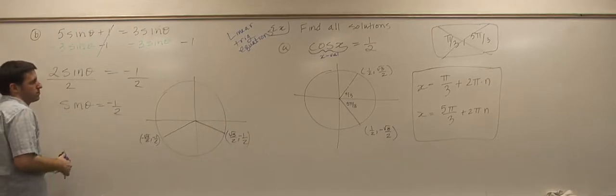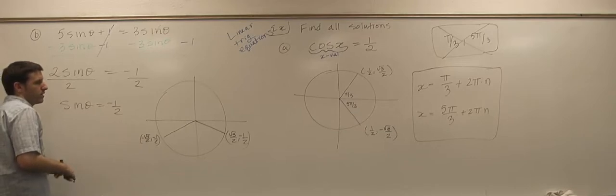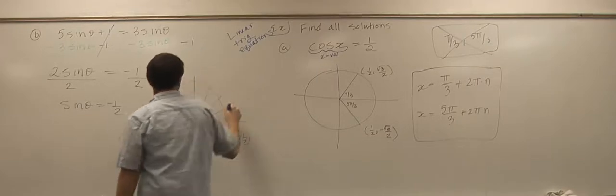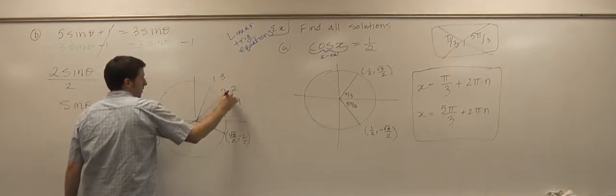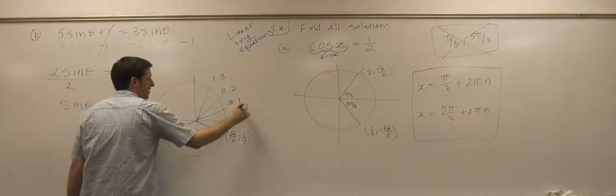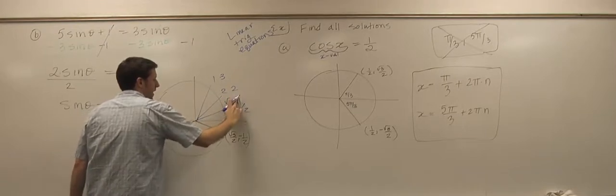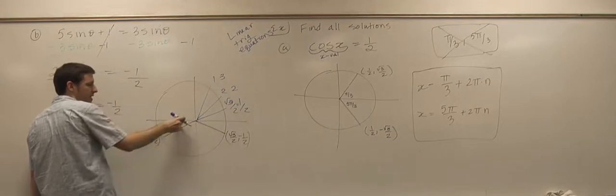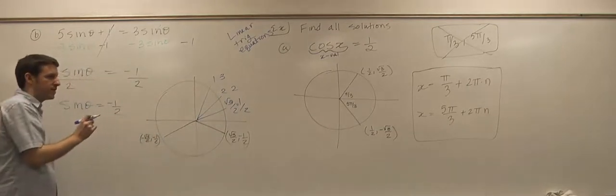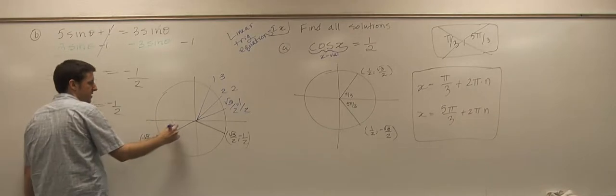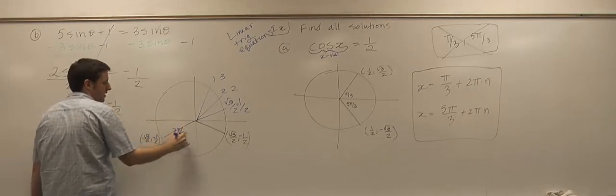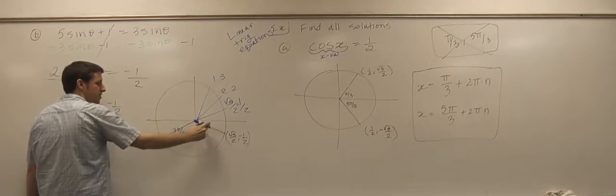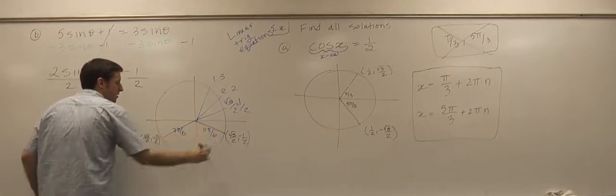In the first quadrant, the 1/2 for sine happens at pi over 6, right? So over here, this -1/2 is going to have a pi over 6 reference angle. So this is 6 pi over 6, 7 pi over 6. If you go all the way around, it's 12 pi over 6, so this would be 11 pi over 6.